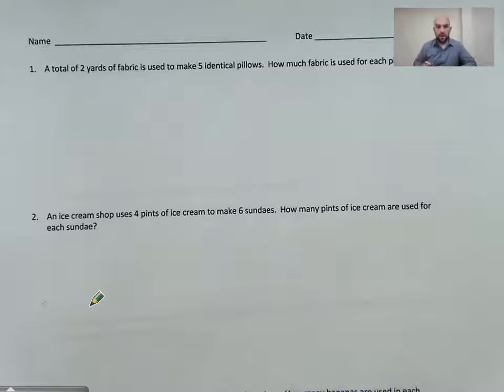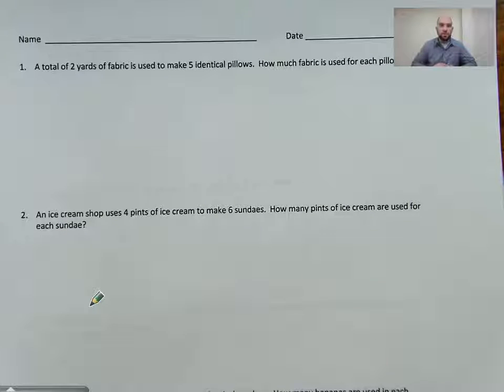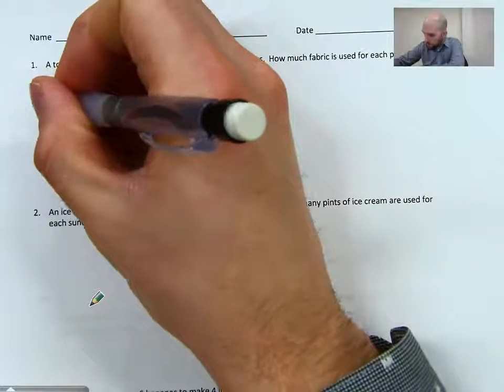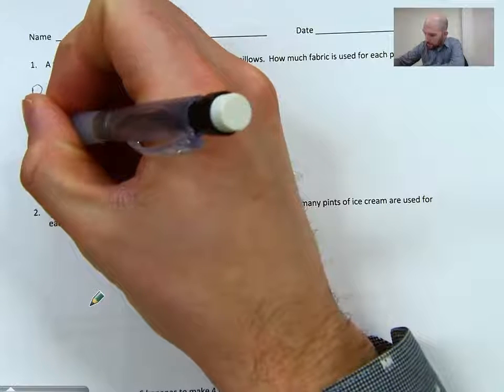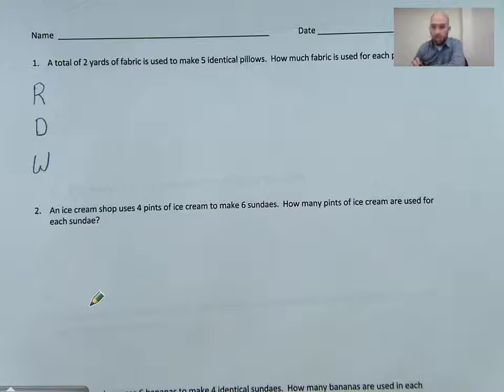It looks like we have number 1. It says a total of 2 yards of fabric is used to make 5 identical pillows. How much fabric is used for each pillow? So I'm going to start my word problem by putting an R, D, W on the side of my paper for read, draw, write.